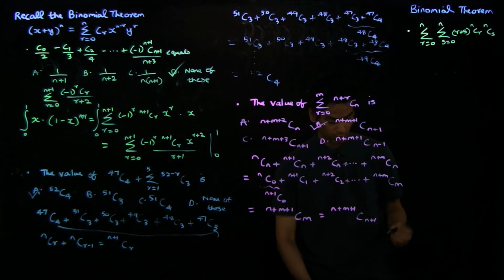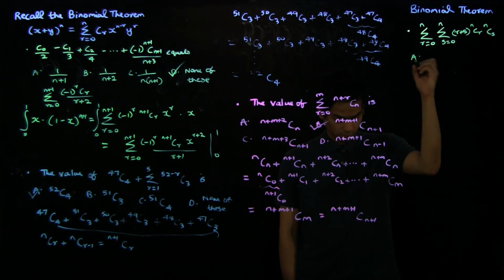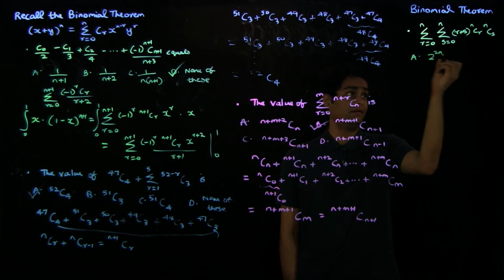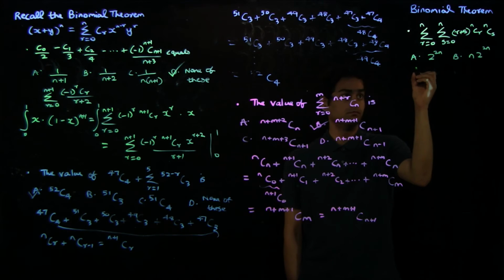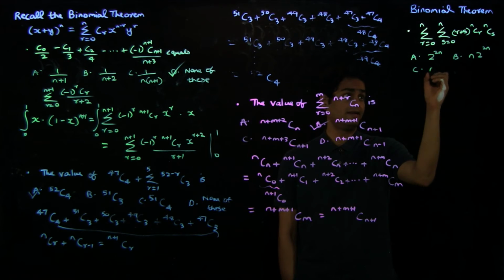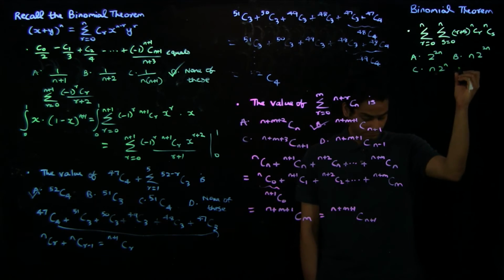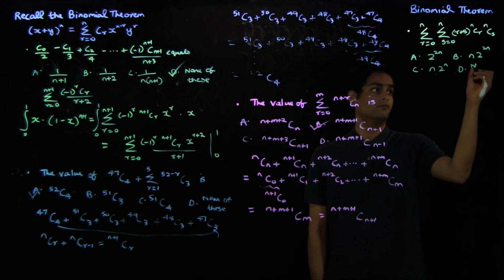And the four options you're given are 2 power 2n, n times 2 power 2n, n times 2 power n, and none of these.